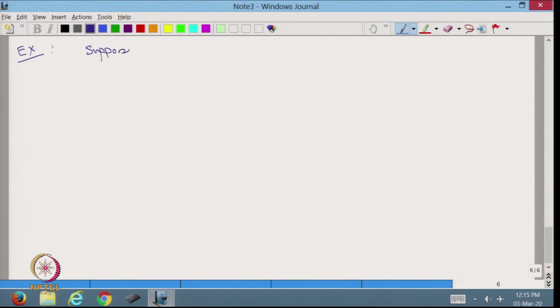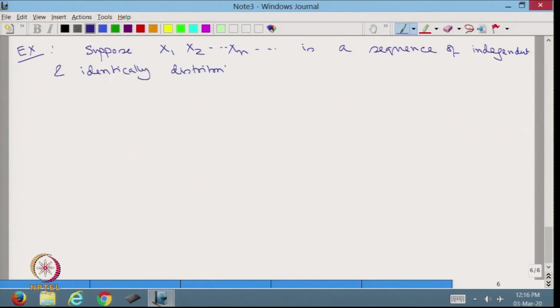Let us consider another example. Suppose x 1, x 2, x n is a sequence of independent and identically distributed random variables such that each x i takes two values, 0 with probability 1 minus p and 1 with probability p.